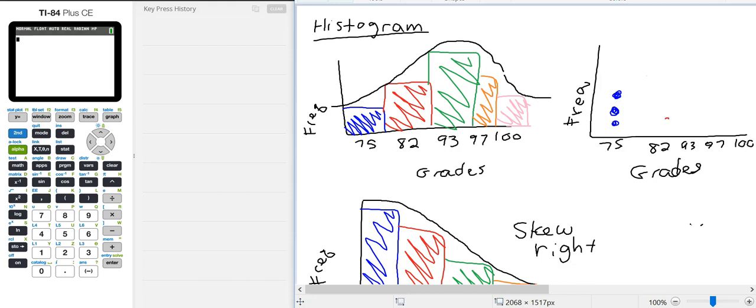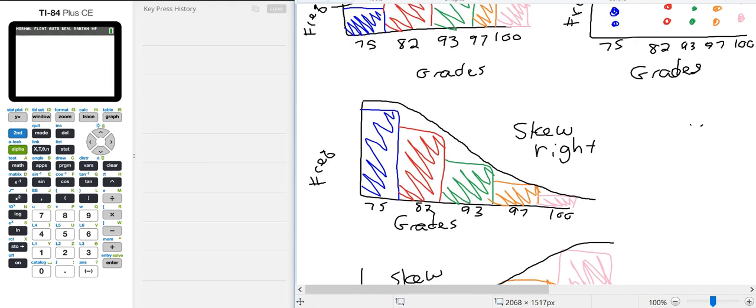So it represents how many times this grade occurred. So we have 3 75s, 4 82s, 6 93s, 4 97s, and 3 100s. This graph is normally distributed because it goes up, up, up towards the middle, and it goes down, down, down.